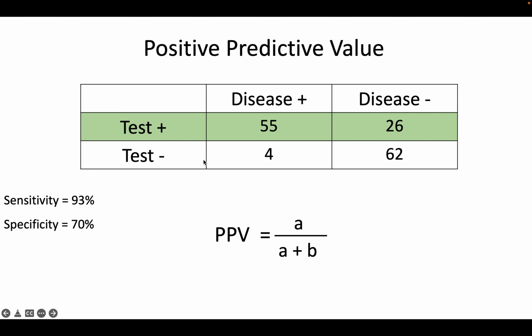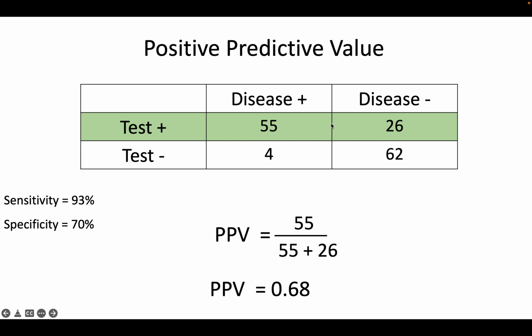Positive predictive value here has the same numerator as sensitivity, the number that are test positive and disease positive, so the number that we correctly identified as disease positive, over everyone we called disease positive. So A over A plus B, and that comes out to 68%.